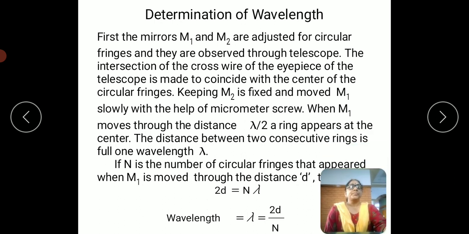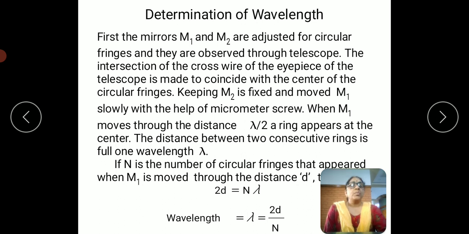Now let us see how we can determine the wavelength of the monochromatic light using this Michelson interferometer. First, the mirrors M1 and M2 are adjusted for circular fringes. As we know, for circular fringes, M1 and M2 are exactly perpendicular.